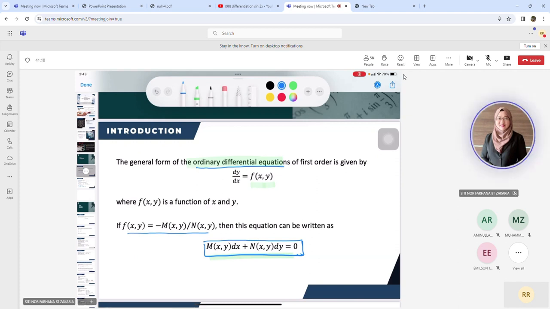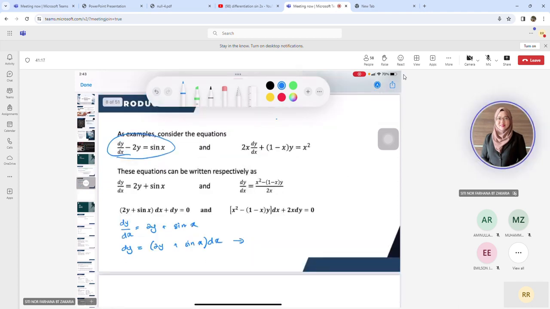This one will be negative because this is negative M. So rearranging it back, you will get 2y plus sin x dx plus dy equals 0. So this is an ordinary differential equation. Get it?